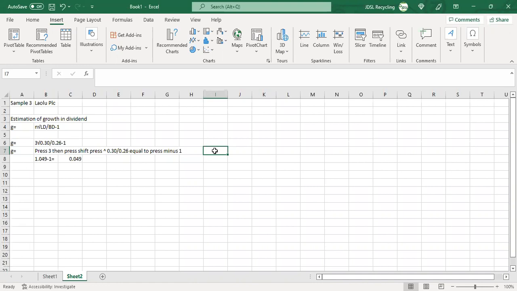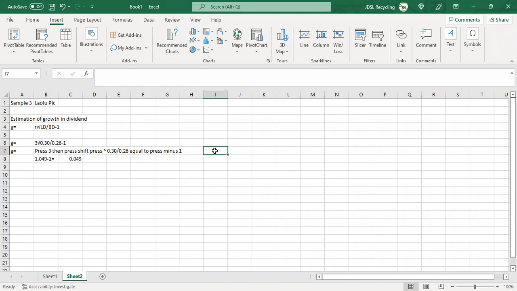Then after that, you now press 0.30. After the 3 and the raise to power sign, open brackets. 0.30 divided by 0.26, then close your bracket.